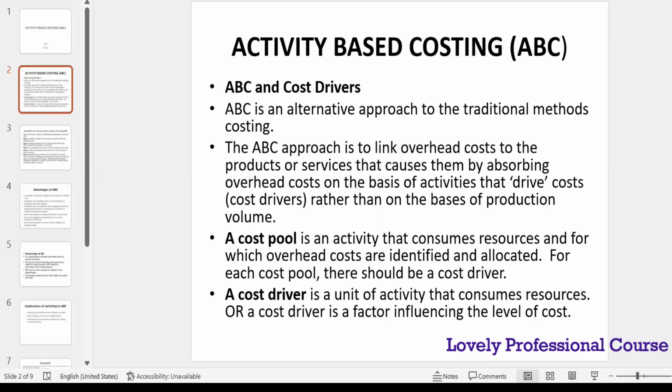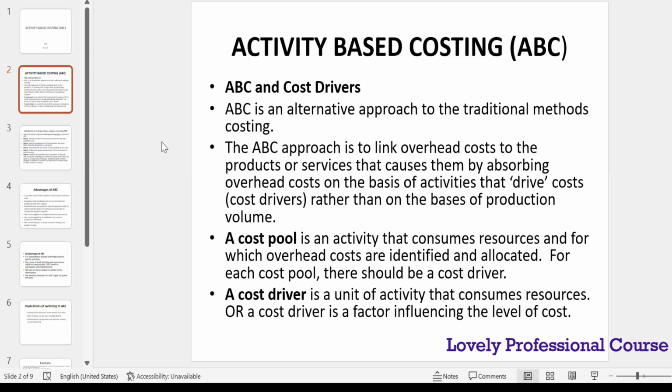Therefore, these terms we need to understand very clearly. There is something we call a cost pool. A cost pool is an activity that consumes resources and for which overhead costs are identified and allocated. Which consumes a resource.